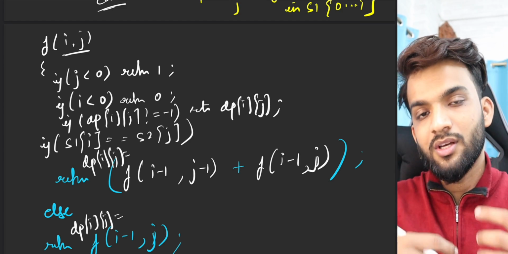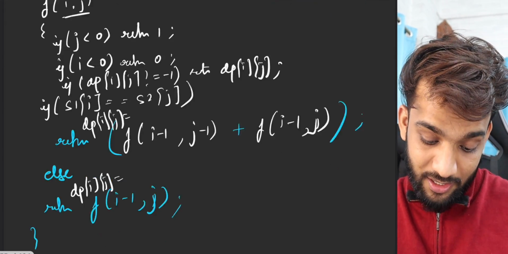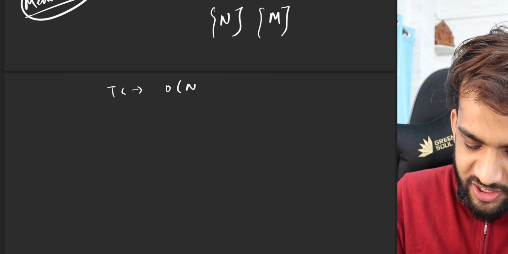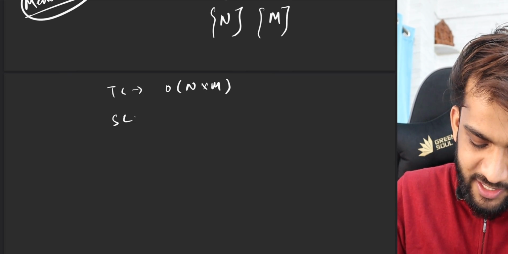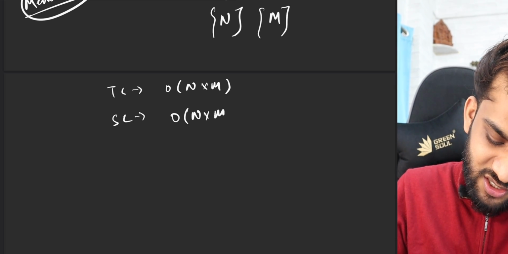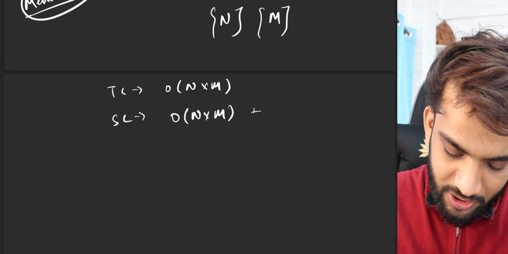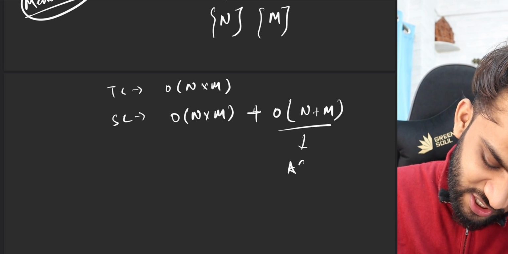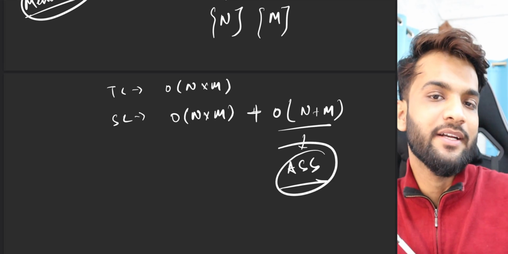And if you write this, your memoization solution is indeed ready. And what is the time complexity of this? Obviously, the number of states. Space complexity will be the number of states, the DP array that you're using, and O of n plus m, which is the auxiliary stack space that you're using.